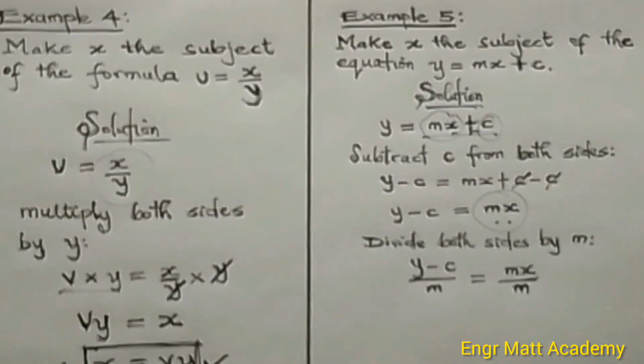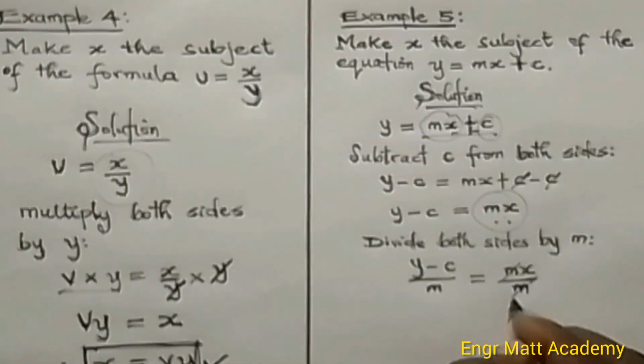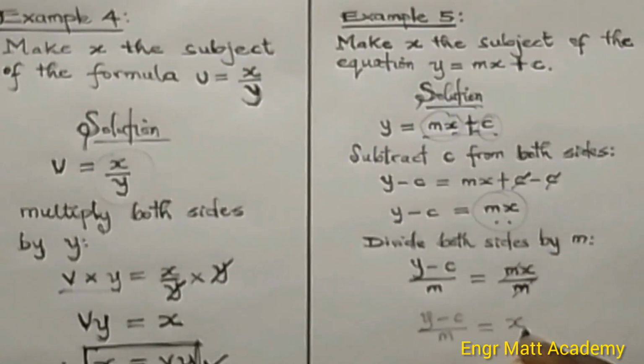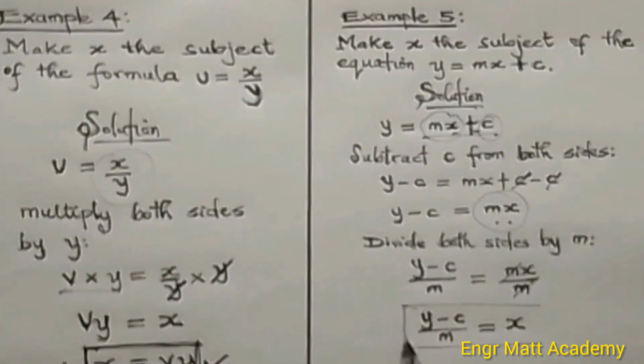On the right hand side, m will cancel out, leaving us with y minus c over m equals x. At this point, x is already the subject of the equation, so you may decide to leave it at this.